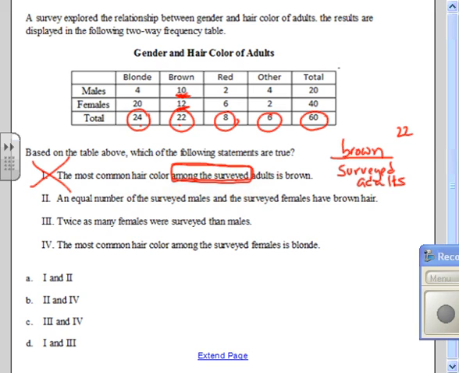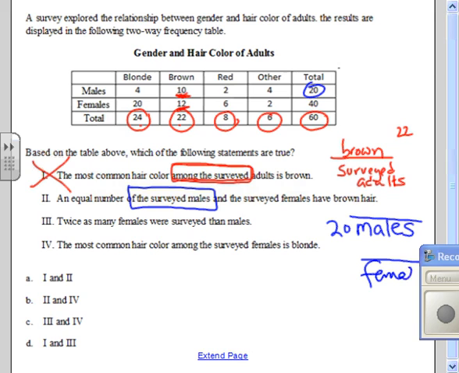Okay? Looking at another one. An equal number, remember the prepositional phrases, super, super important with these. An equal number of the surveyed males, which means you are looking only at males. Okay? And there are a grand total, by the way, of 20 males. All right? An equal number of males and females, go back, have brown hair.